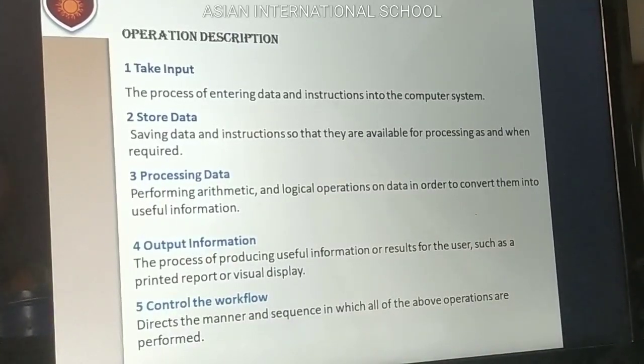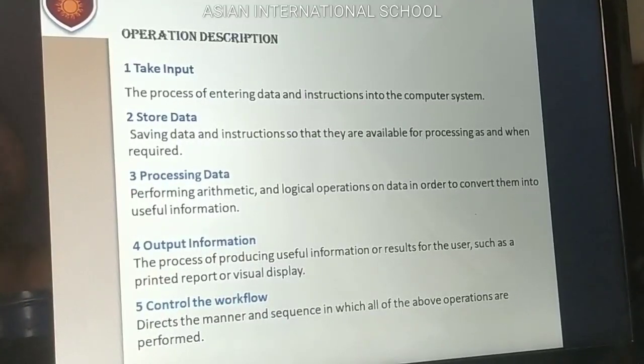So what is the operation of the computer? It takes the input. The process of entering data and instructions into the computer system is called data input. We give the data through input devices. There are lots of input devices, such as keyboards, mice, scanners and so on. Then the data is stored, saving the data and instructions so that they are available for processing when required.